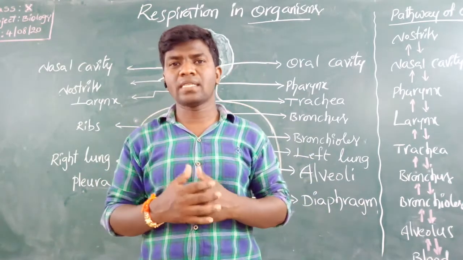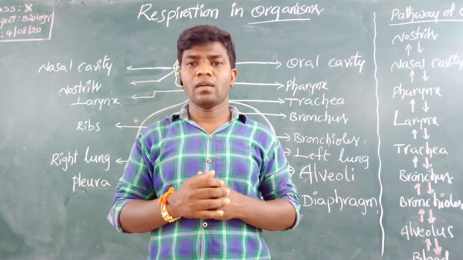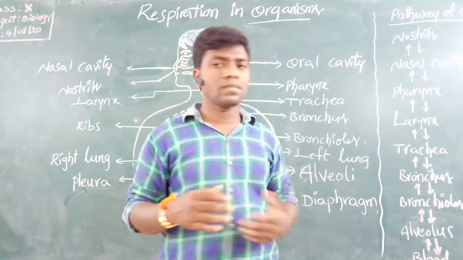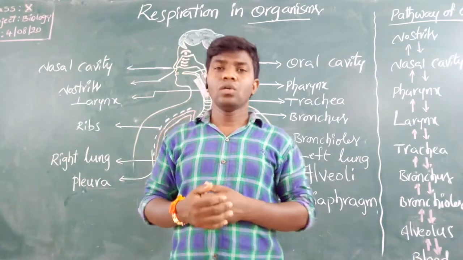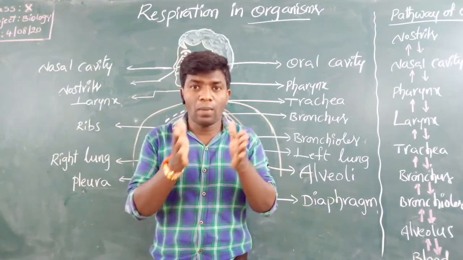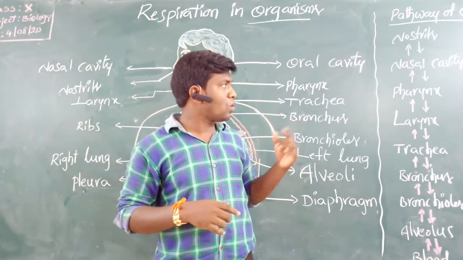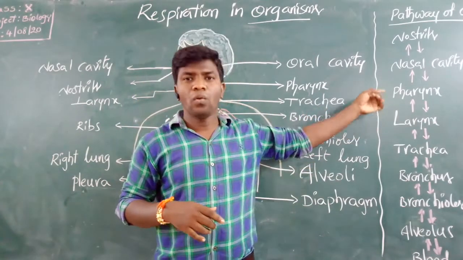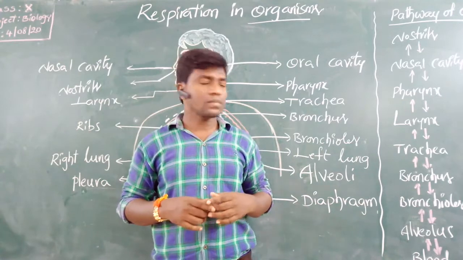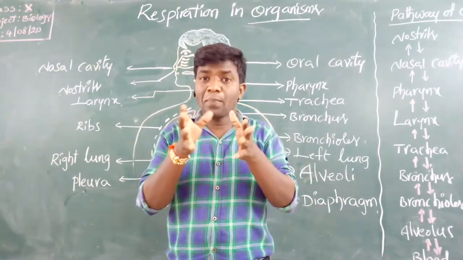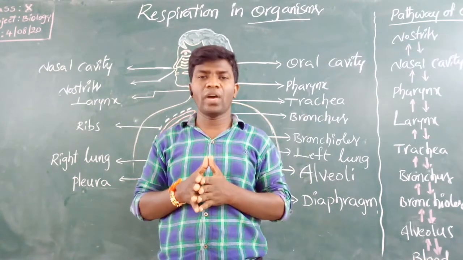And next, the pharynx. After the pharynx comes the larynx, and next the trachea. From the nose, air enters the pharynx. Actually, the epiglottis is present in the pharynx.